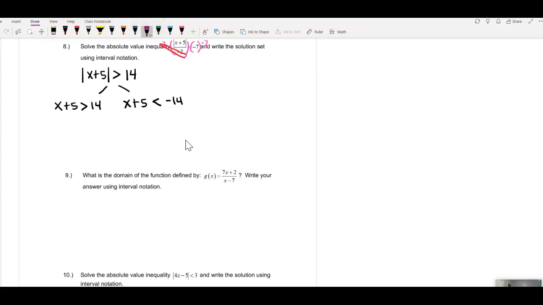The other thing I want to make sure is clear is this symbol that we have here to start off with before we make our two equations. This is telling us whether we want an and statement or an or statement. If you have this or this, these are greater than signs, and I tell my classes to think of greater. Remember back when we talked about unions and intersections, or meant we wanted the union.